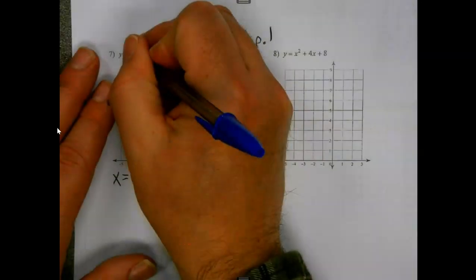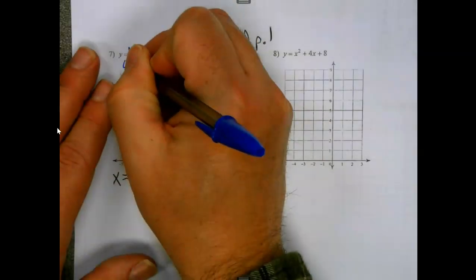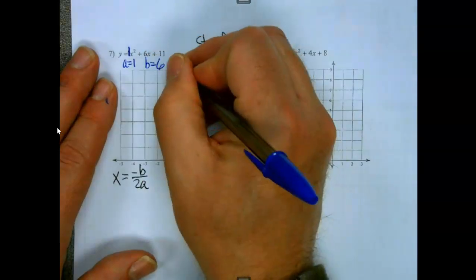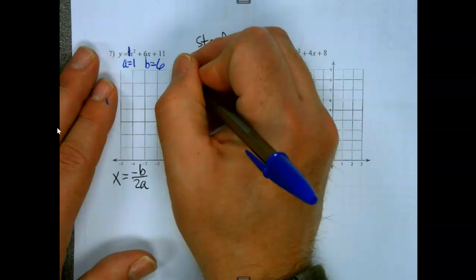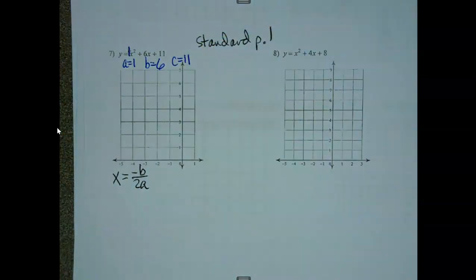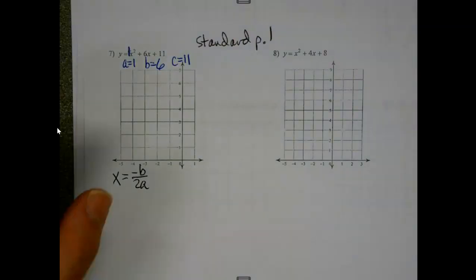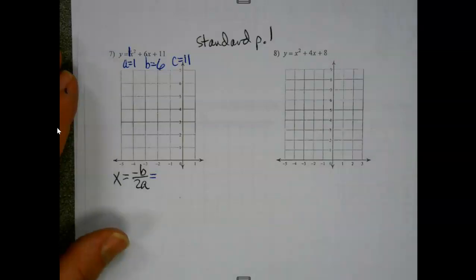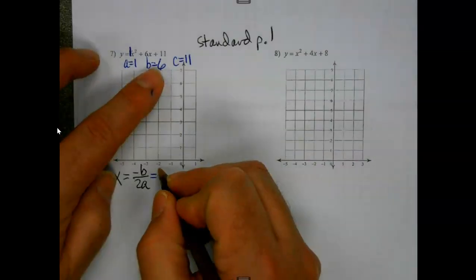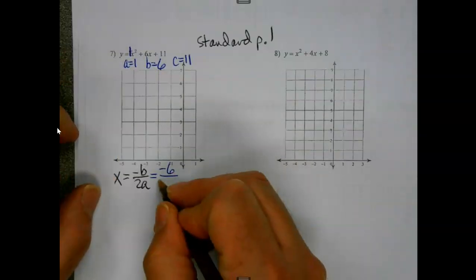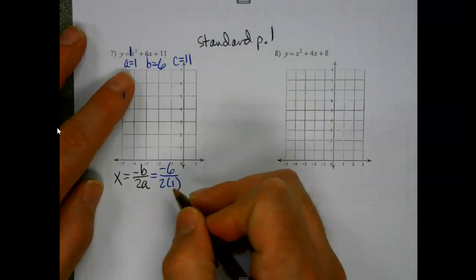And this b and c thing, b is the number in front of x, a is the number in front of x squared, and if we needed c, that's the number that's on the end by itself. And again, we did this on your note page as well. So the opposite of b, so the opposite of 6 is negative 6, over 2 times a.